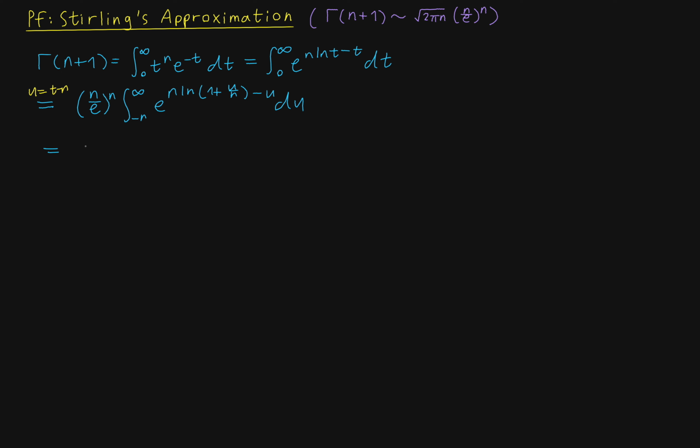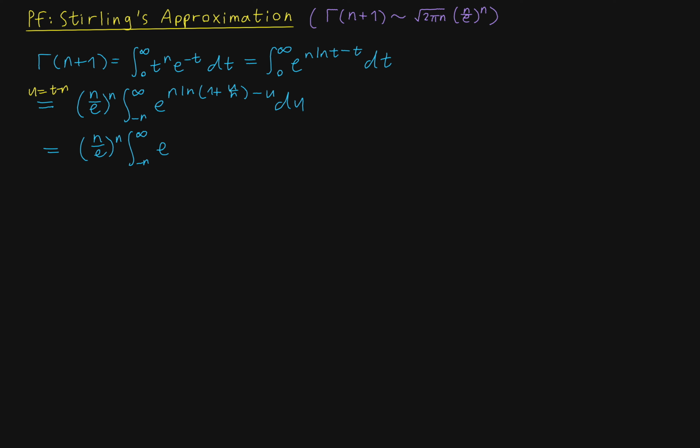And now with this, we want to write what's inside the exponential as a power series, because this is going to be useful when we take the limit. So this is just going to be n over e to the n, integral from negative n to infinity of e to the... Okay, for ln 1 plus x, that's a common one. Here we just have u over n. Now for the first term, what we're actually going to get is u over n times n.